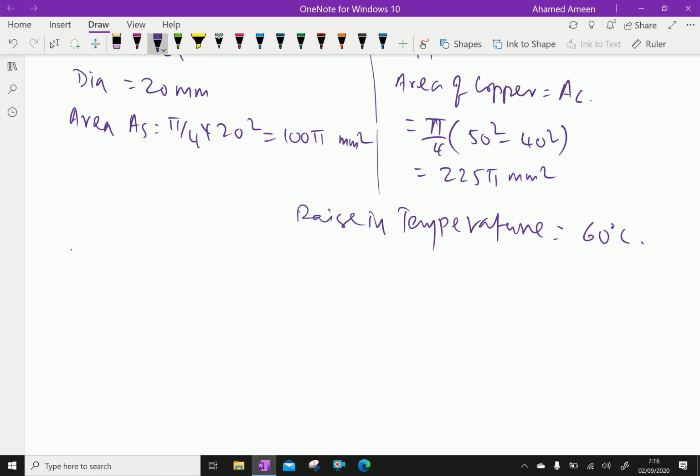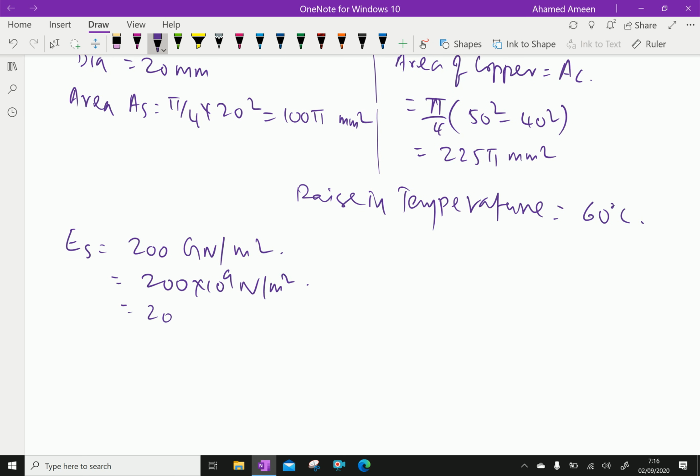For steel, ES equals 200 giganewton per meter square, giga meaning 10 to the power of 9, so 200 into 10 to the power of 9 Newton per meter square, which divided by 10 to the power of 6 is 200 into 10 to the power of 3 Newton per mm square.